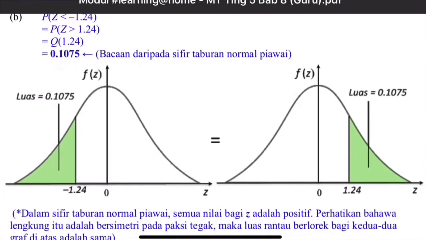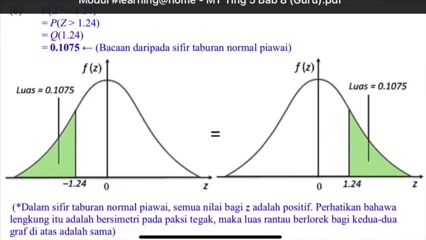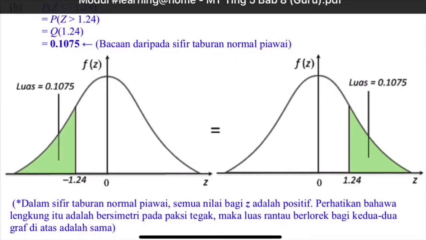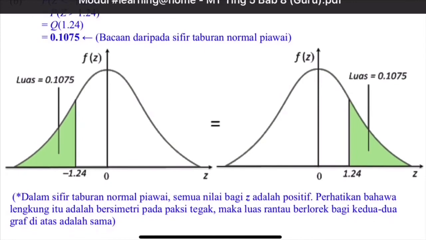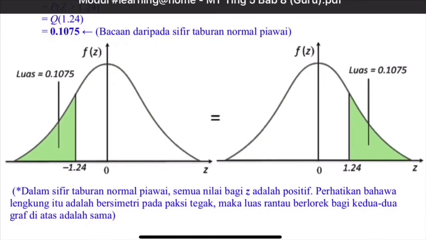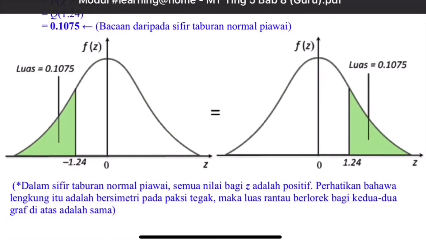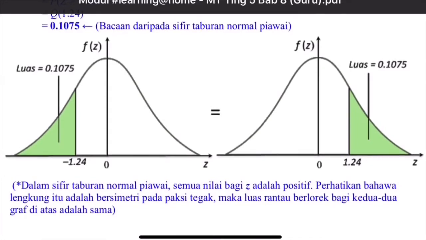When you read, you make it positive first. So be careful when you read, and make sure your probability value is always positive when you write your probability. So the answer is the same, 0.1075, for both less than negative 1.24 or more than 1.24. They have the same area, which also means they have the same probability value.